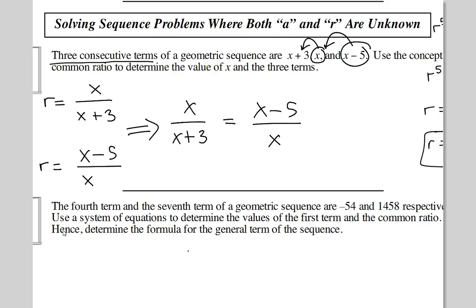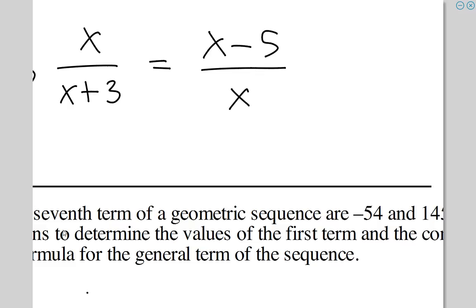Kids in my physics 20, how do you solve this kind of fraction equals fraction? What did we do? Remember the P1, V1? What did we do? Cross multiply. Okay? So we're solving for x. There's only one x. Okay, so we cross. Anytime you're in a fraction equals fraction situation, you cross. So x times x is x squared.